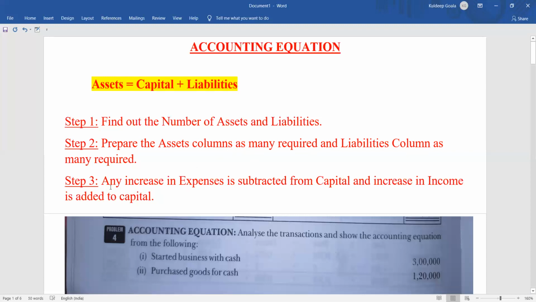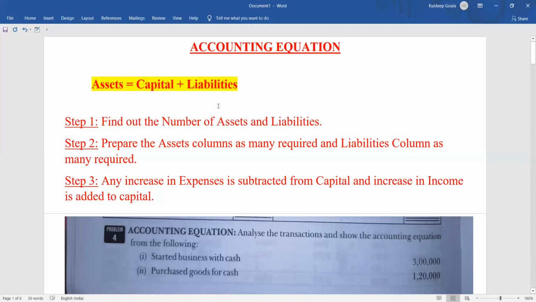Then after that, you should remember that any increase in expenses is regarding the nominal account. Since you have got asset, capital, and liability here, the nominal accounts are missing, because the nominal account comes under the day-to-day activities, right? That doesn't come under asset, capital, or liability. So what is the treatment of the nominal account?